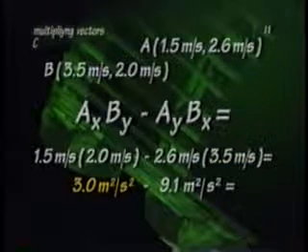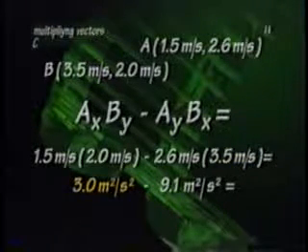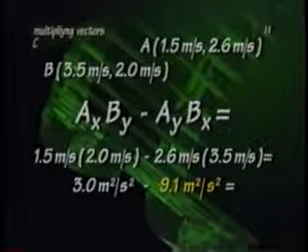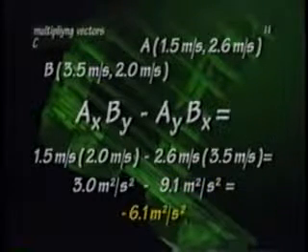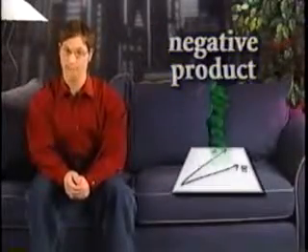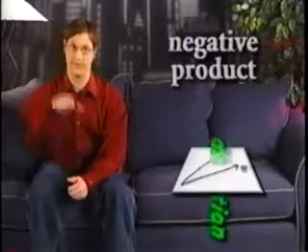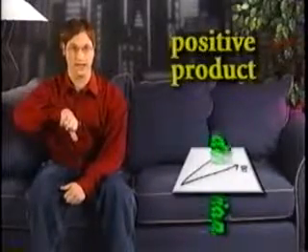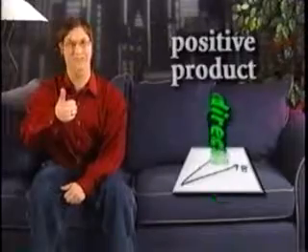That's 3.0 meters squared per second squared minus 9.1 meters squared per second squared, which is negative 6.1 meters squared per second squared. When we cross-multiply vectors and get a negative product, it means the direction is down, into the paper. If the product has a positive value, the direction is up, out of the paper.